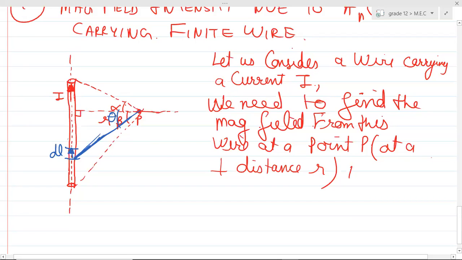Why have I taken theta from here? So that I'll get positive and negative accordingly. Let us say this distance is L. This distance is small l, and we have taken an element of length dl, right? Right, guys?